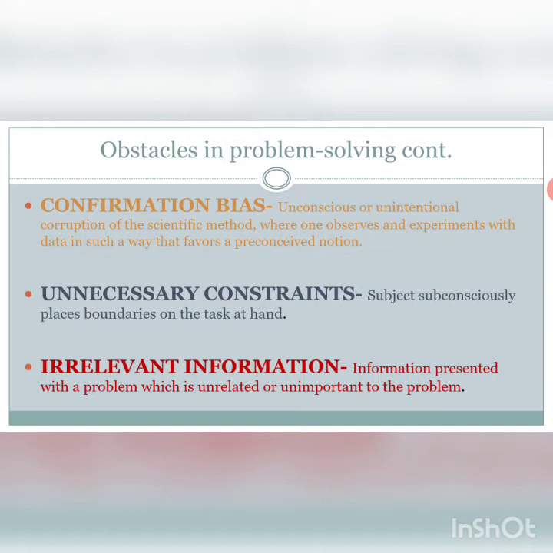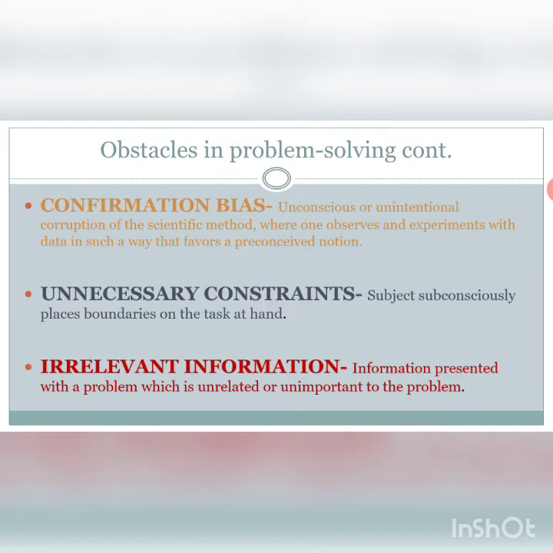Then we have irrelevant information. Information presented with a problem which is unrelated or unimportant to the problem. So the information which is not needed for your solution, but you tend to keep this information in your trial of solving the problem, but this serves no purpose and only hinders your problem solving.